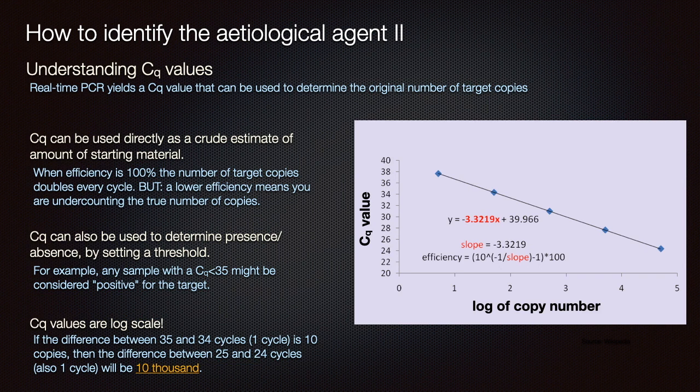That means that if the difference between 35 and 34 cycles is 10 copies, then the difference between 25 and 24 cycles, also one cycle, will be 10,000 copies. So the difference between two CQ values depends on where you are in the CQ range.